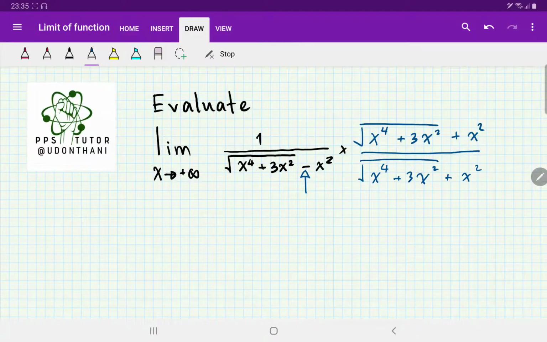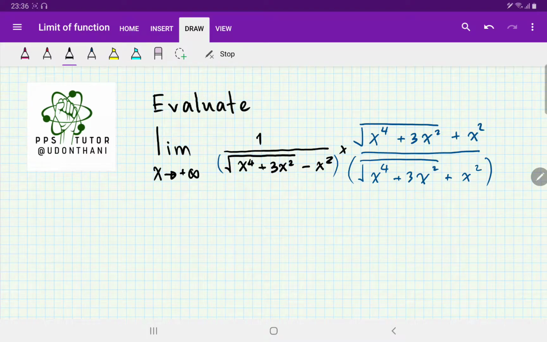Now, if you look at the denominator, the multiplication between the first factor and the second factor is called the difference of squares. What happened? We can cancel the square root sign of x power 4 plus 3 times x squared.